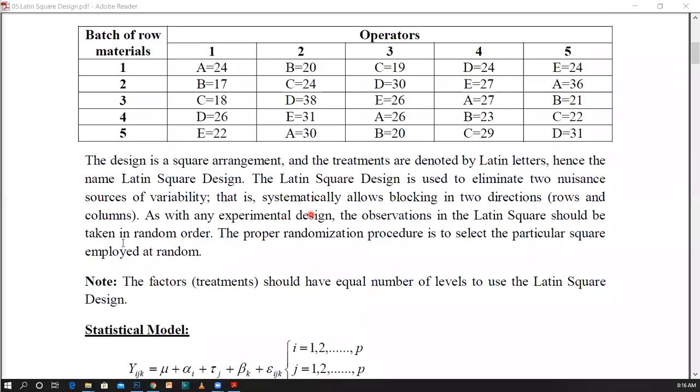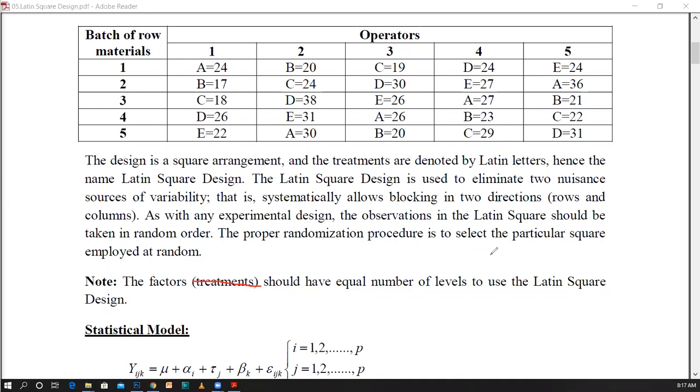Okay, and the important thing when you are using this Latin square design is that the factors should have an equal number of levels. Now you can see that here we had three factors. It is not the treatments; it is three factors we are having actually.